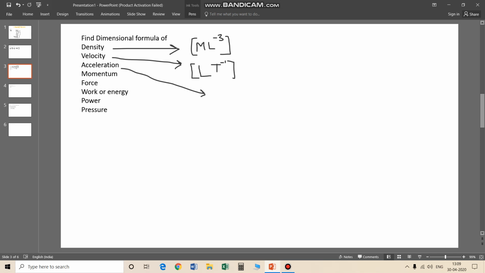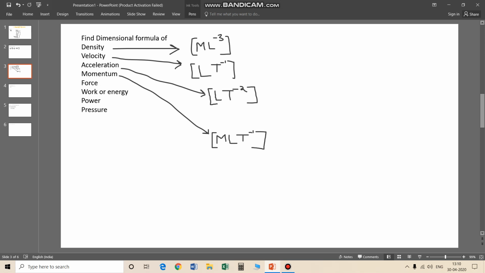Velocity has this dimension, and we again divide it by time, then acceleration will be L T to the power minus 2. What is now momentum? Momentum is mass into velocity, mv. Mass is M, velocity is L T to the power minus 1. M L T to the power minus 1. As simple as that.